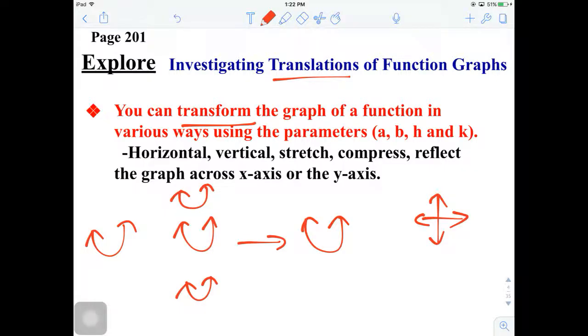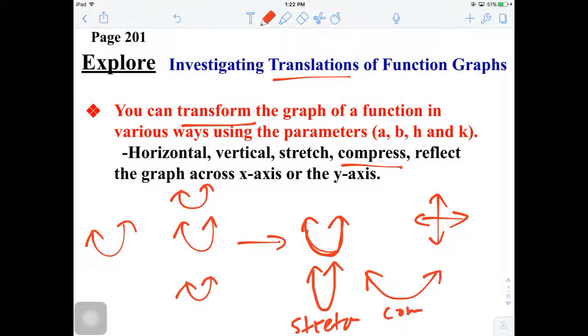Another way is to also stretch the graph. If the original graph looks something like this, then a stretched graph is probably something that looks taller. If you want to compress something, it actually looks flatter. So this is going to be a stretch, and this is a compression. To compress is to make something flatter.